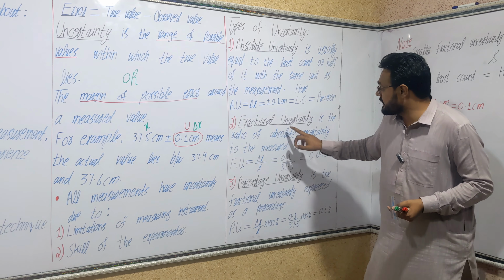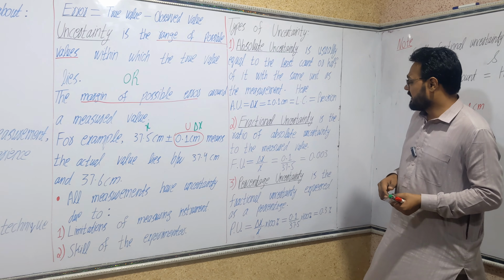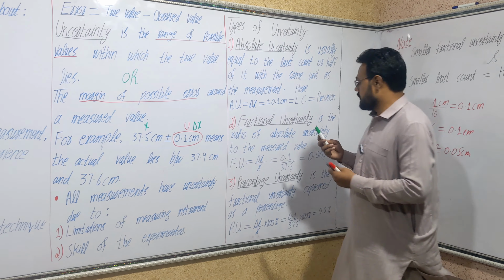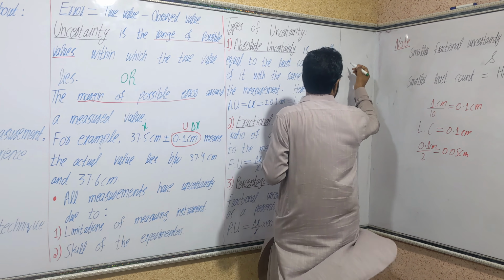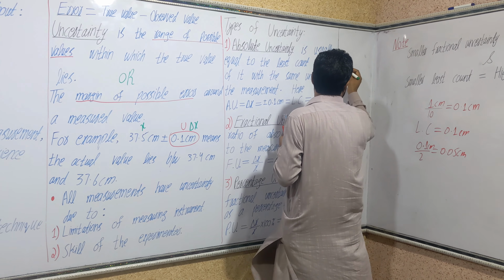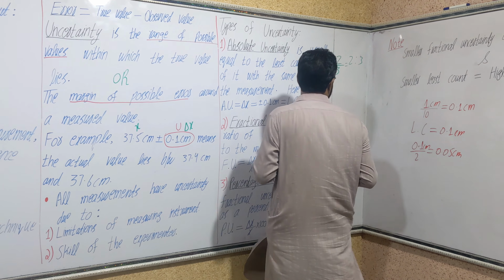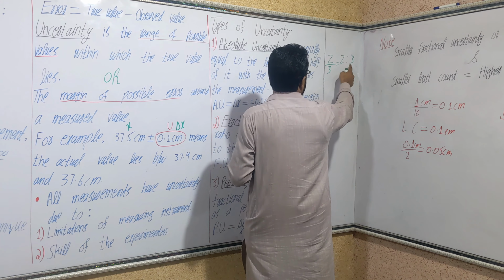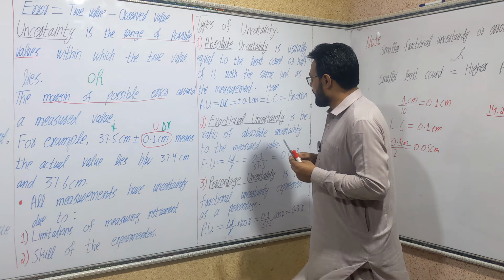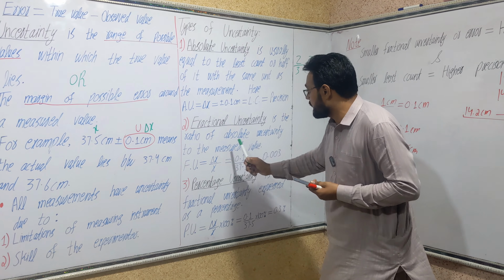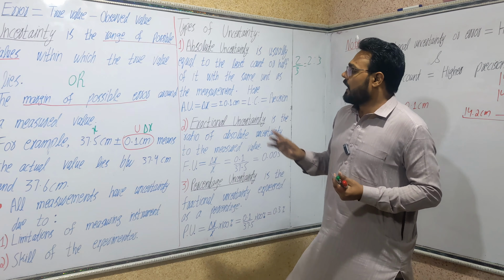Now, what is the fractional uncertainty? Fractional uncertainty is the ratio. As we know, 2 divided by 3 is the same as 2 ratio 3. Similarly, fractional uncertainty is the ratio of absolute uncertainty to the measured value.